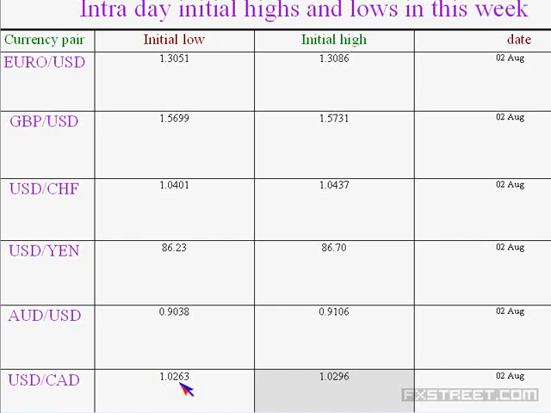In the case of Canadian dollar, 1.0263 was the initial low. They breached and went below and formed a new low, 1.0228, and it is currently holding near that low. They made a drop of about 60 pips. Now net change is 60 pips.